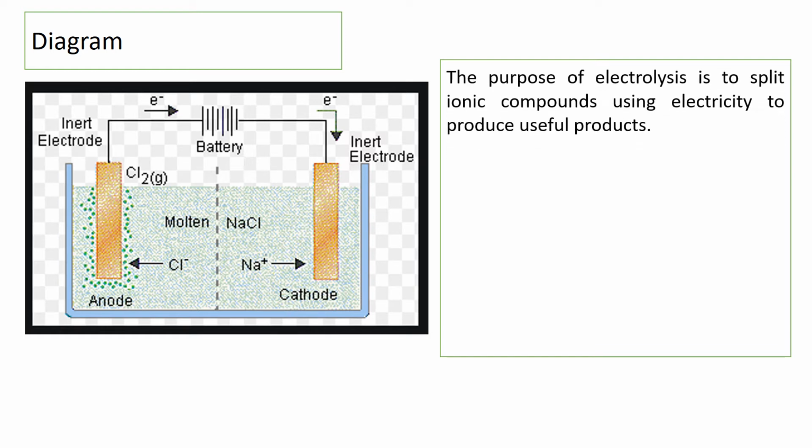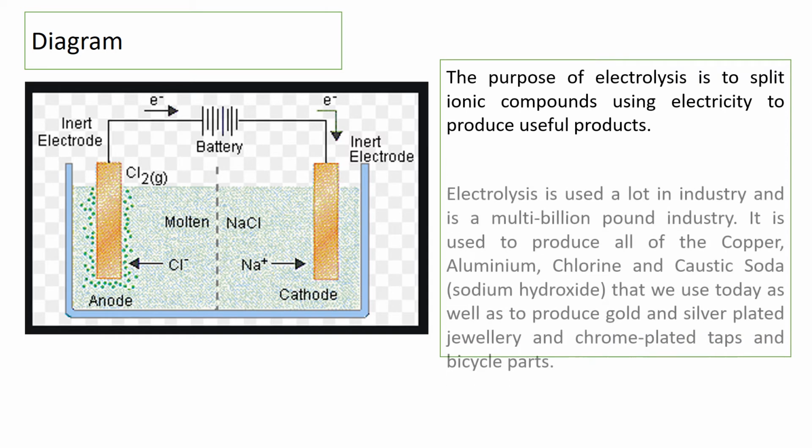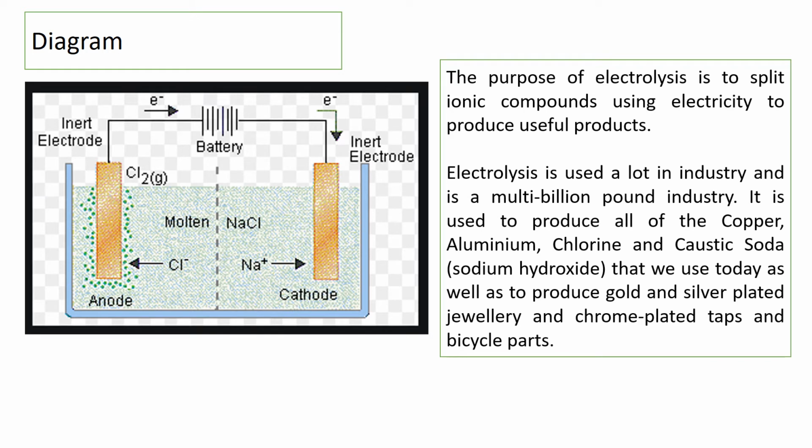So the purpose of electrolysis is to split those ionic compounds using electricity to produce useful products, depending on their reactivity. And we do need to be able to relate this to the reactivity series. Electrolysis is used a lot in industry, and it is a multi-million or billion pound industry.